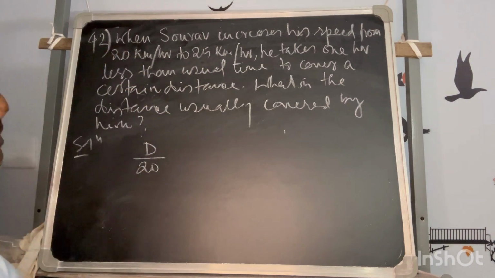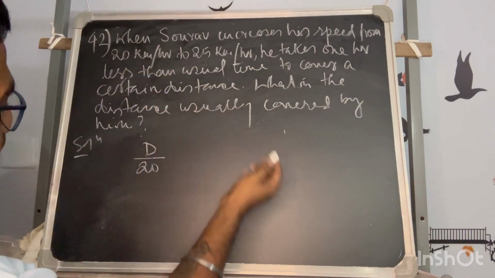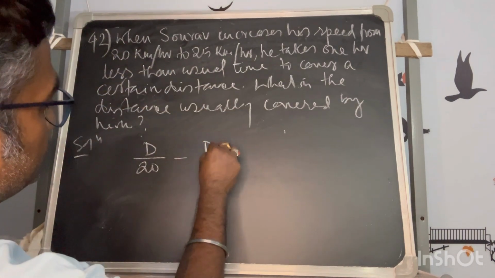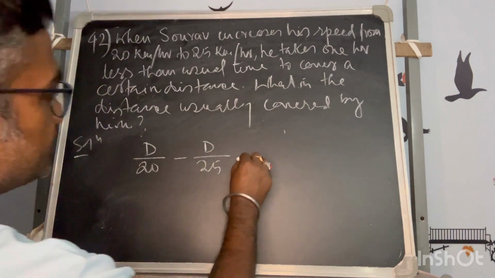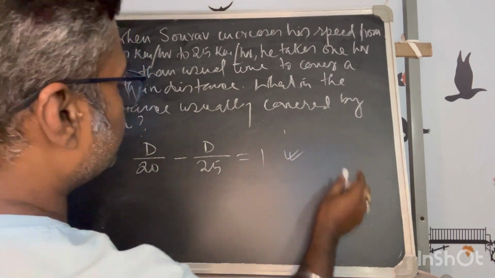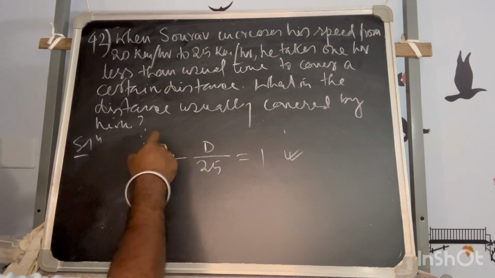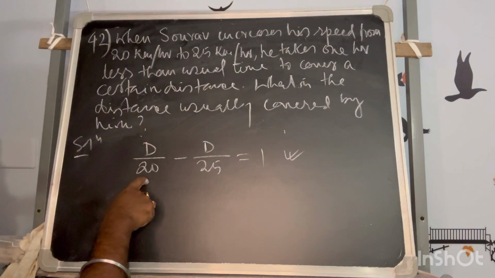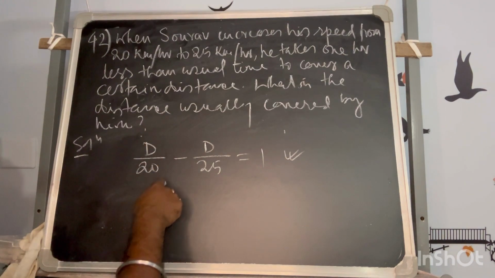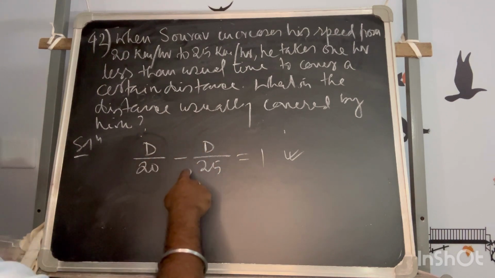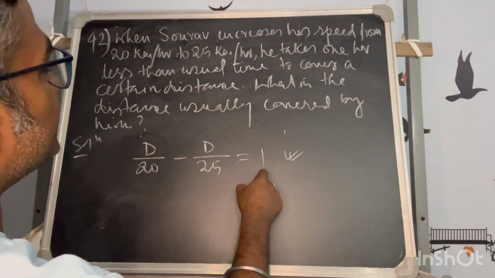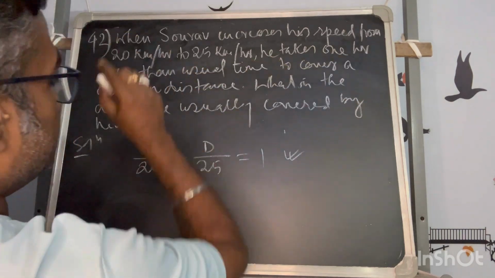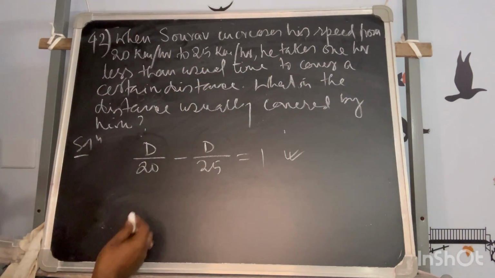Initial speed is less, so time taken is more, minus D upon 25, that is equal to 1. From there also you can solve the equation. D divided by 20 is the time taken initially. When he has increased the speed, the time taken must be less, so the difference is 1 because it is 1 hour less. So this can also be solved by this method.